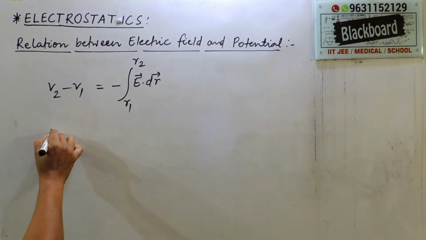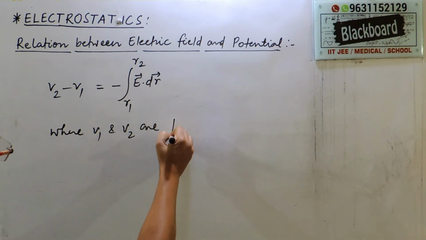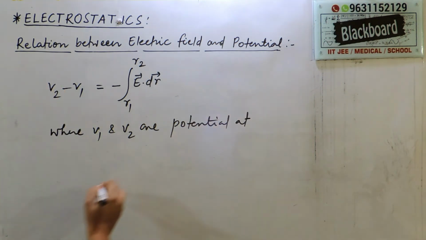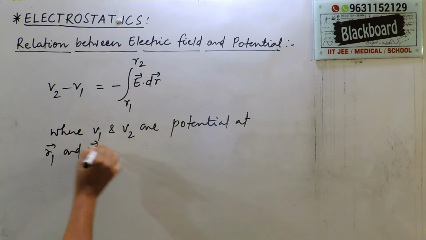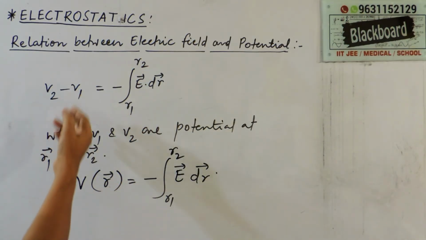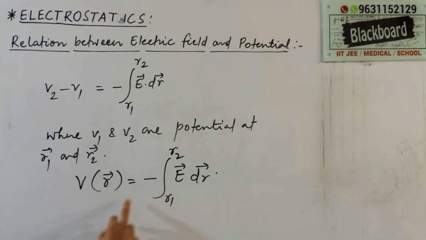Where V1 and V2 are potential at R1 and R2, and this expression can be written as V of r is negative of integration R1 to R2 E dot dr. This is the relation between potential and your electric field.